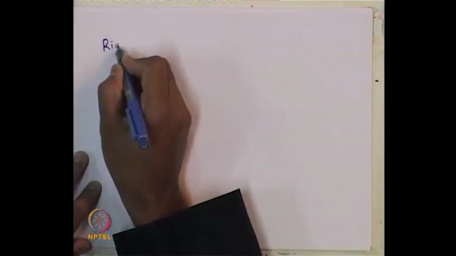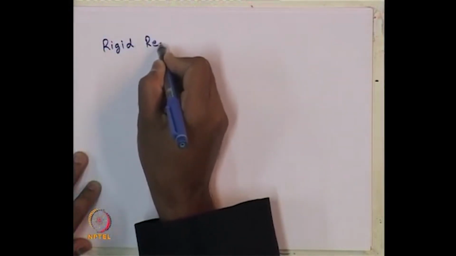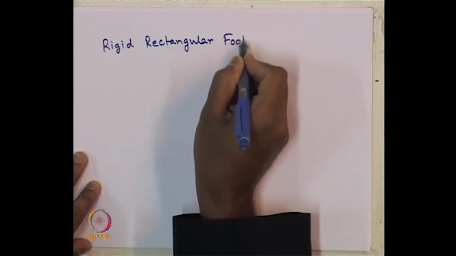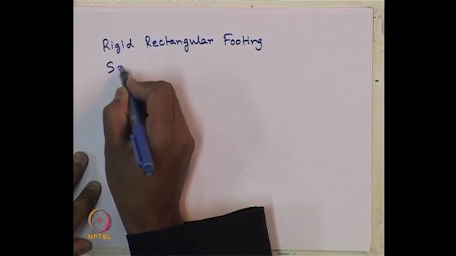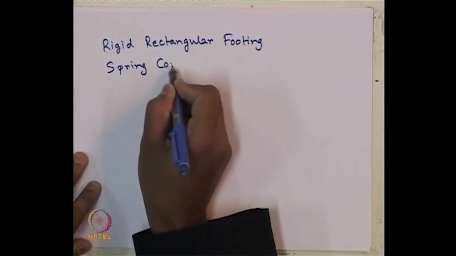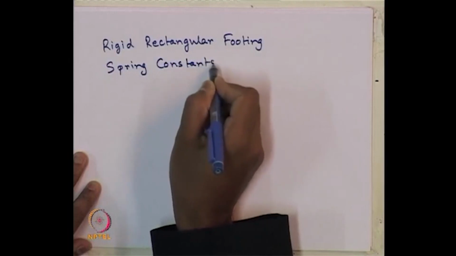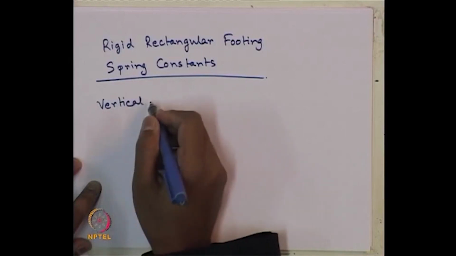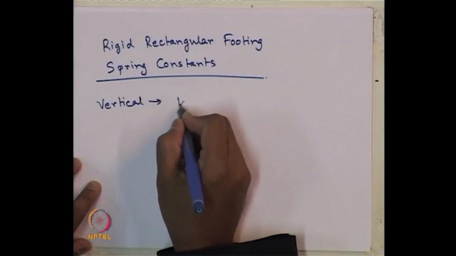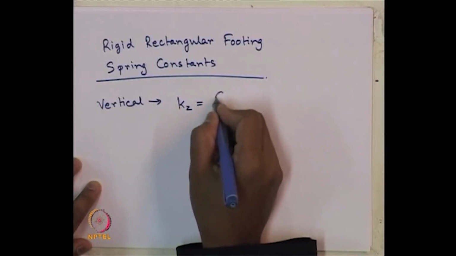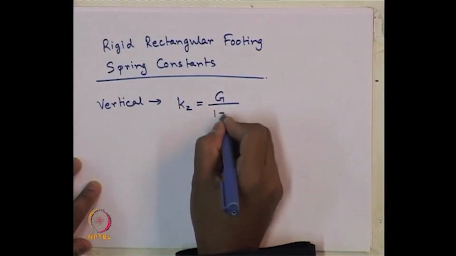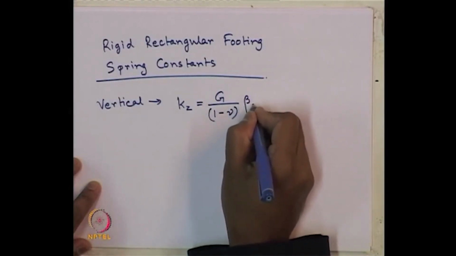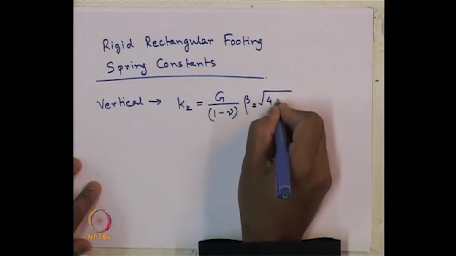So, for rigid rectangular footing, the expressions for spring constants for vertical mode of vibration, it is k z equals to g by 1 minus mu times beta z root over 4 C d.